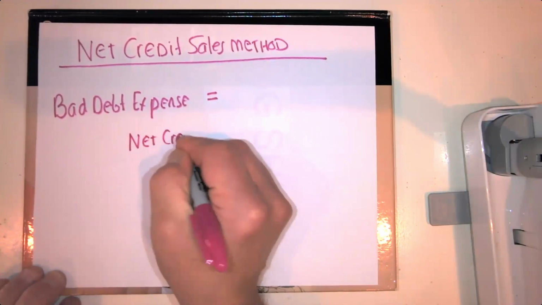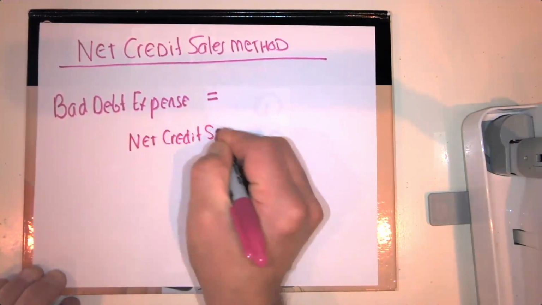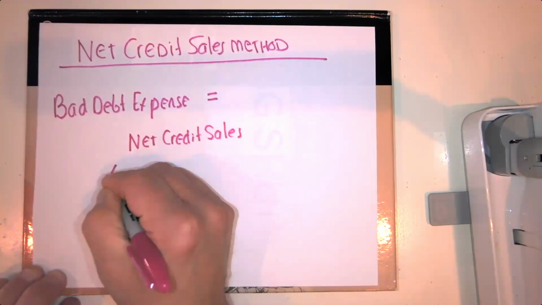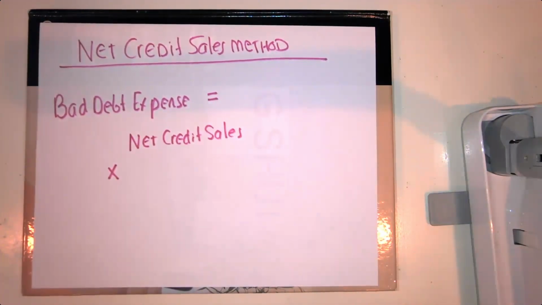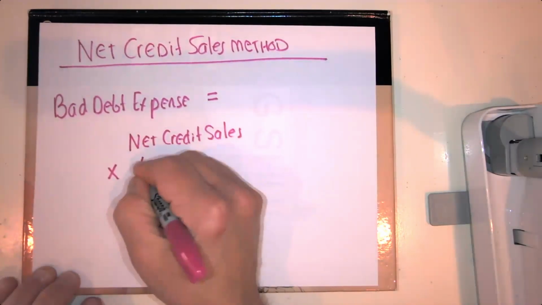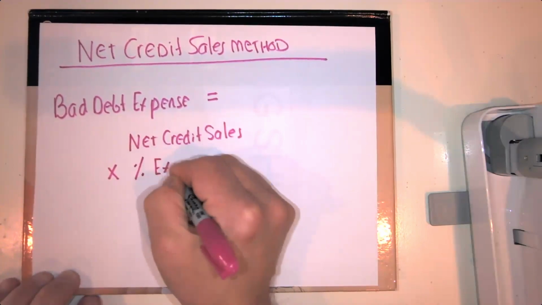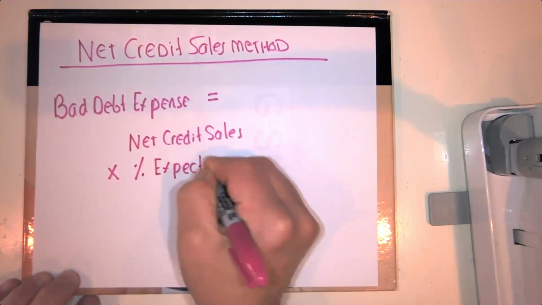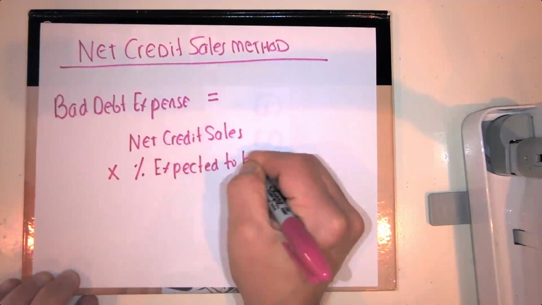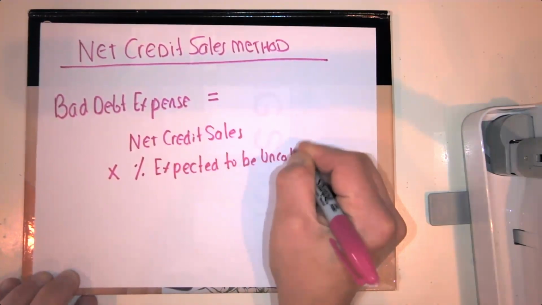Take our net credit sales and multiply that. And here's where the estimate comes in. Multiply that by the percentage that we estimate of those sales that we won't collect. Multiply by the percentage expected to be uncollected.